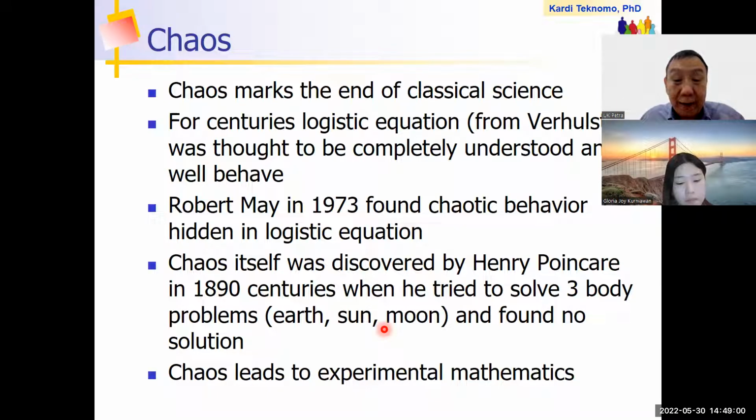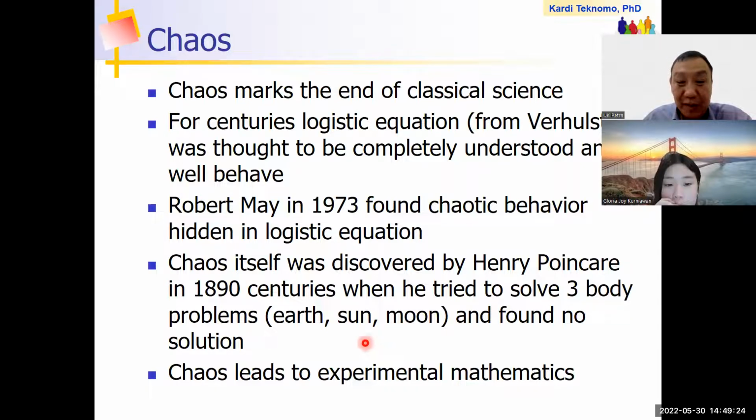And then there was somebody, I think the king of one country, making a competition for who could solve the three-body problem. Henri Poincaré proved mathematically that there is no solution for the three-body problem.